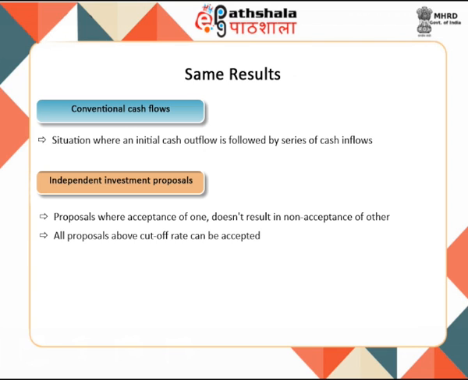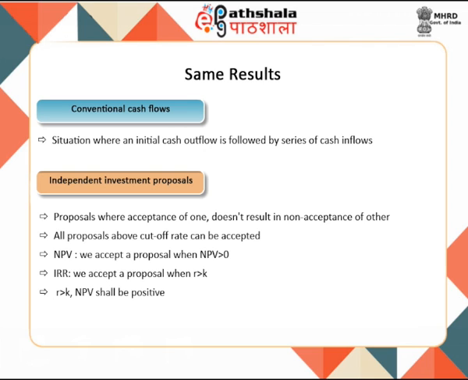Here, all the proposals above the cut-off rate can be accepted. Under the NPV method, we accept a proposal when we get positive NPV, that is, NPV is greater than 0. And under the IRR method, we accept a proposal when the internal rate of return is greater than the firm's cost of capital. Whenever R is greater than K, NPV shall be positive.